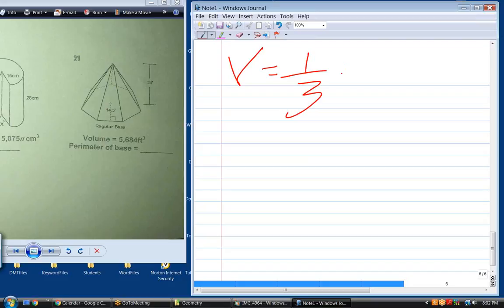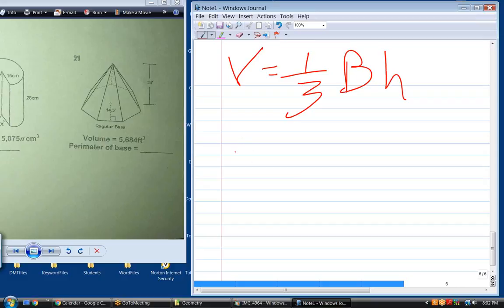And when you say base times height, from now on, I'd like you to say capital B, because it's a lot different than little b. Capital B is an area. Little b is a linear measurement. So it's capital B times height.